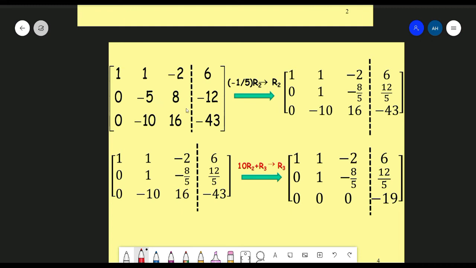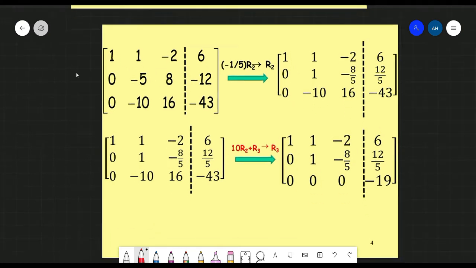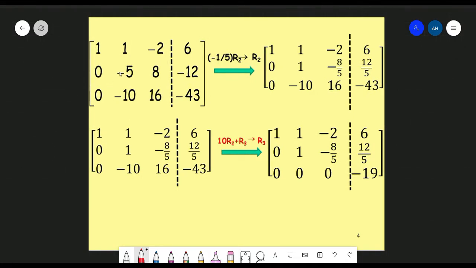Either you say R2 is row 2 divided by negative 5, or you say negative 1 over 5 multiplied by row 2. It has the same meaning, and you get the same answer. So let's divide row 2 by negative 5. Negative 5 divided by negative 5, we have 1.